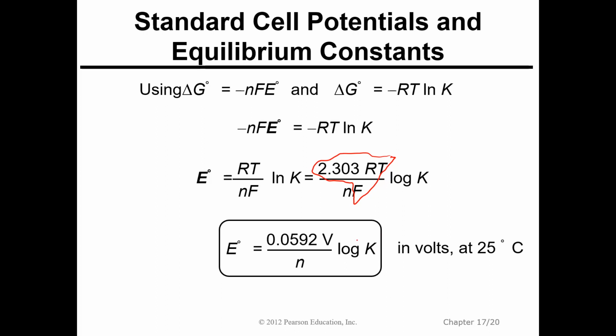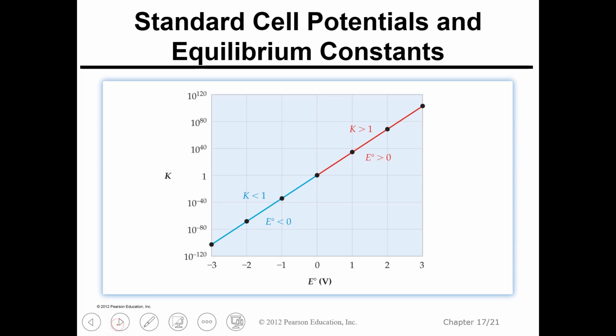So if you had the equilibrium constant and wanted to calculate the standard cell potential, you could do that. Or if you had the standard cell potential and needed the equilibrium constant, this is the equation that you would use. So we can actually plot the standard cell potential versus the equilibrium constant.